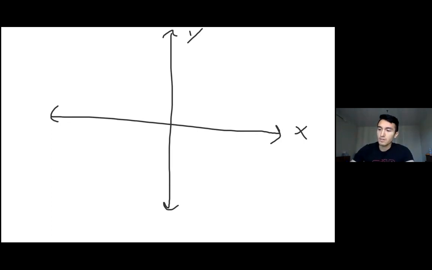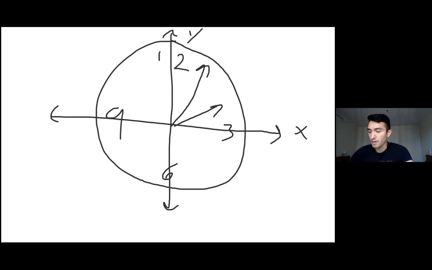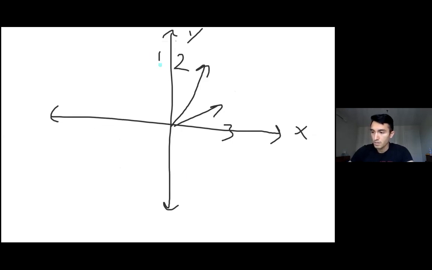In a clock, you've got your different times. And the hands that come from the center, where they point, tells you the time. And so we're kind of going to do the same thing.